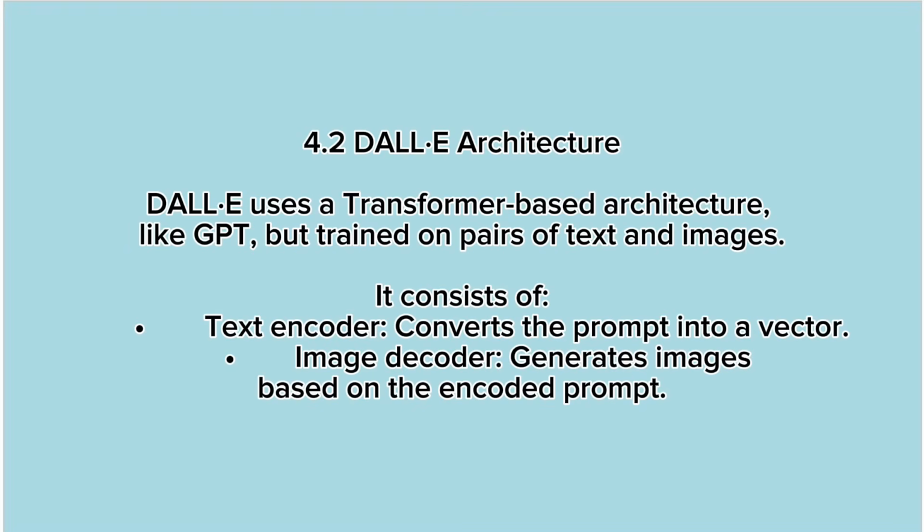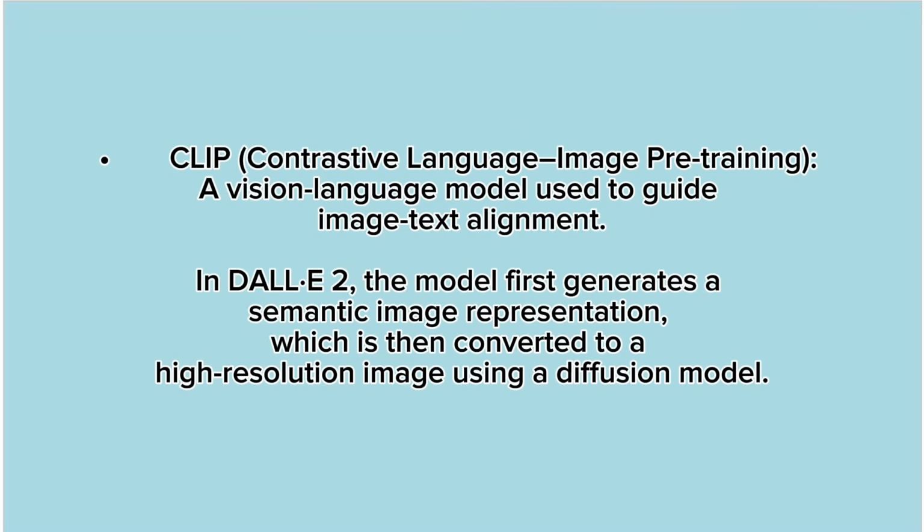4.2 DALL-E architecture. DALL-E uses a transformer-based architecture, like GPT, but trained on pairs of text and images. It consists of a text encoder, which converts the prompt into a vector; an image decoder, which generates images based on the encoded prompt; and CLIP (Contrastive Language-Image Pre-training), a vision-language model used to guide image-text alignment.